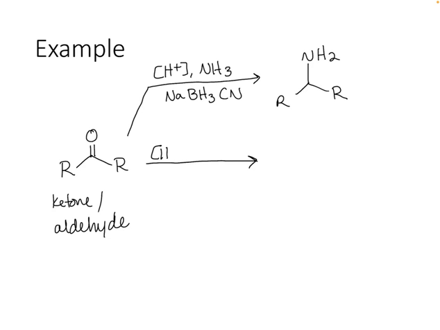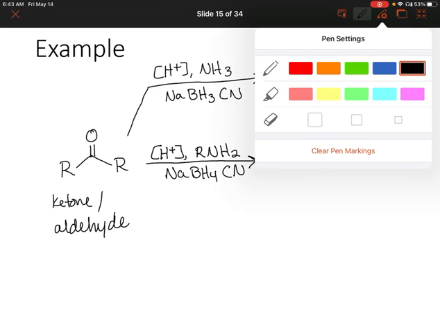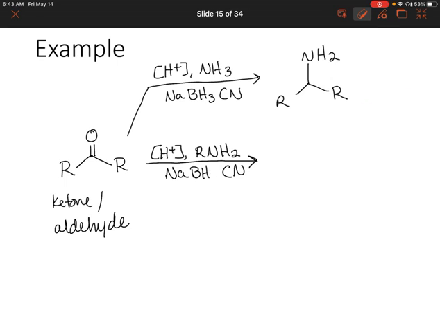So for instance, if we change ammonia to a primary amine, and then again we're using that sodium cyanoborohydride. Oh, whoops, not 4 hydrogens, 3. This is going to give us a nitrogen on the top here that has 1 alkyl group attached.